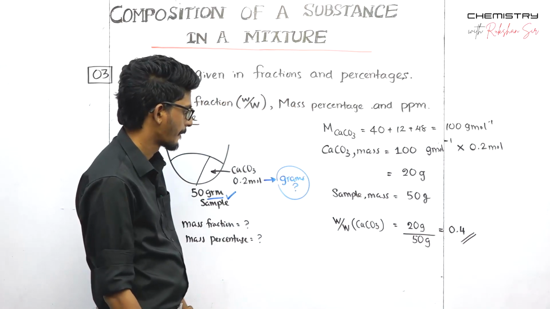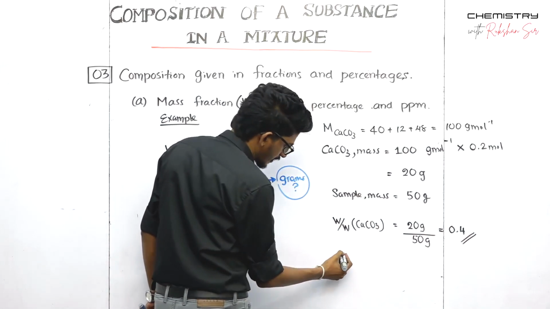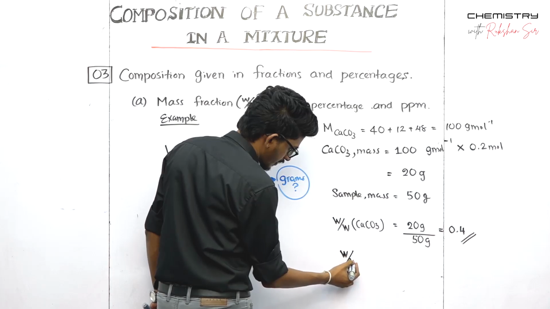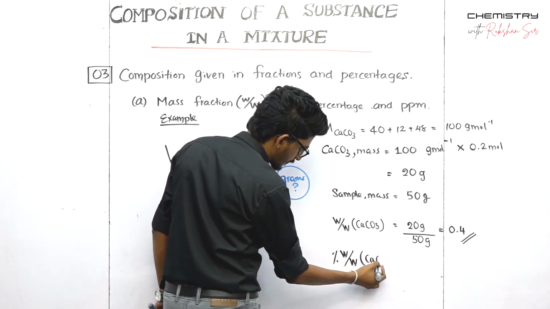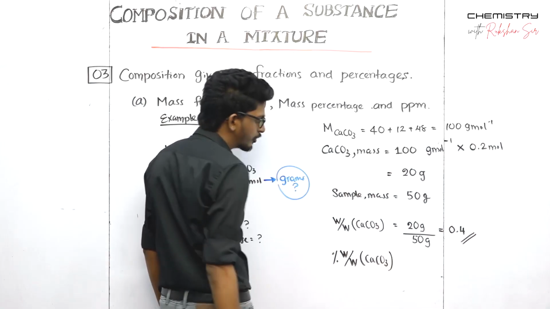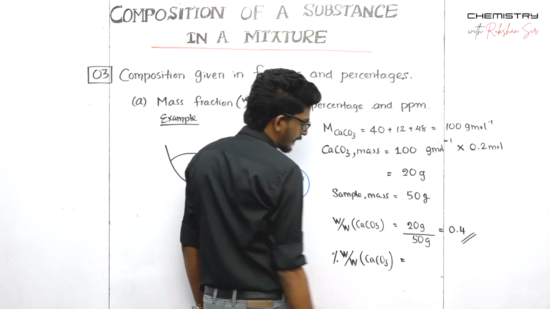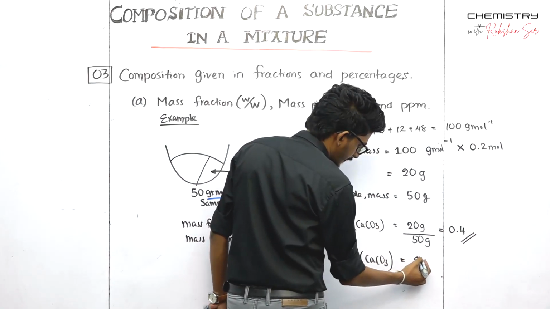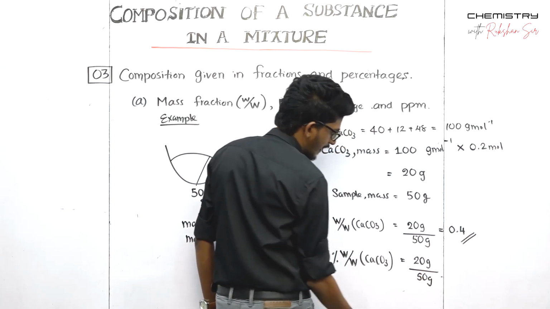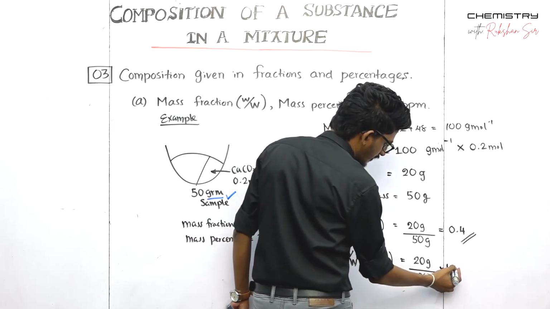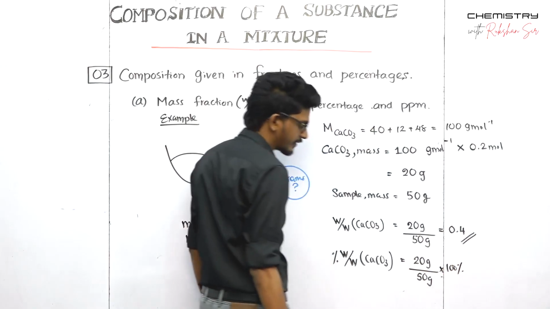What about the mass percentage for calcium carbonate? The mass of the substance of interest, calcium carbonate, should be divided by the total mass of the sample, and we multiply it by 100. That is what percentage means.